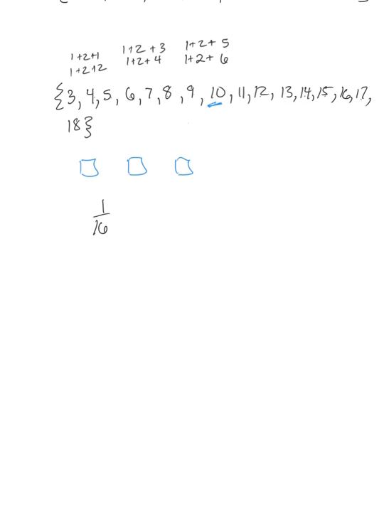Let's do some other examples. Let's talk about coins, and they have heads or tails. So let's write out all the possible combinations. We have heads, heads, heads; heads, tails, heads; heads, heads, tails; tails, heads, heads.